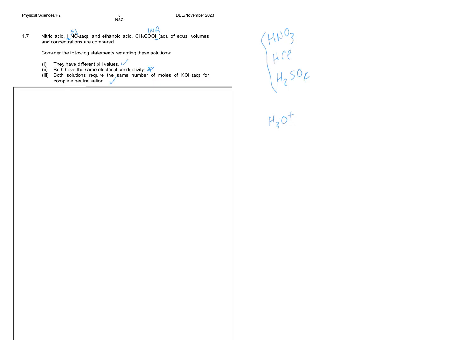So the number of H's that each of these acids has to donate is the same, and they would both require the same amount of KOH. The OH from the KOH will react with the H from the acid, and they would both need the same number of moles because they have equal concentrations and equal volumes. Equal concentrations and equal volumes means they have the same number of moles.